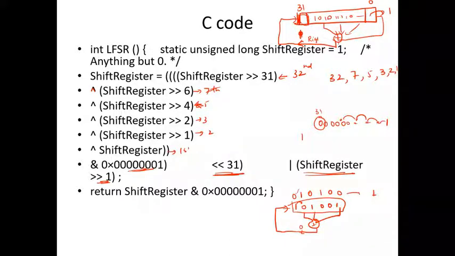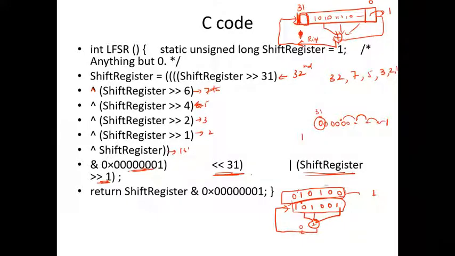So when this is the value, that will be ORed with this MSB bit position, so that you will get the final shifted version in the shift register. I hope you are following this. It's a very simple code which we are realizing. And when we do the corresponding example problem, you can see it easily.